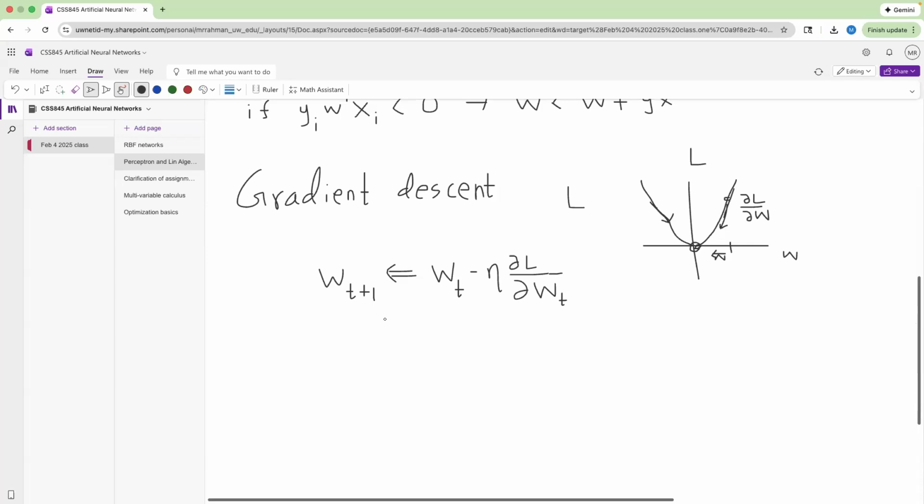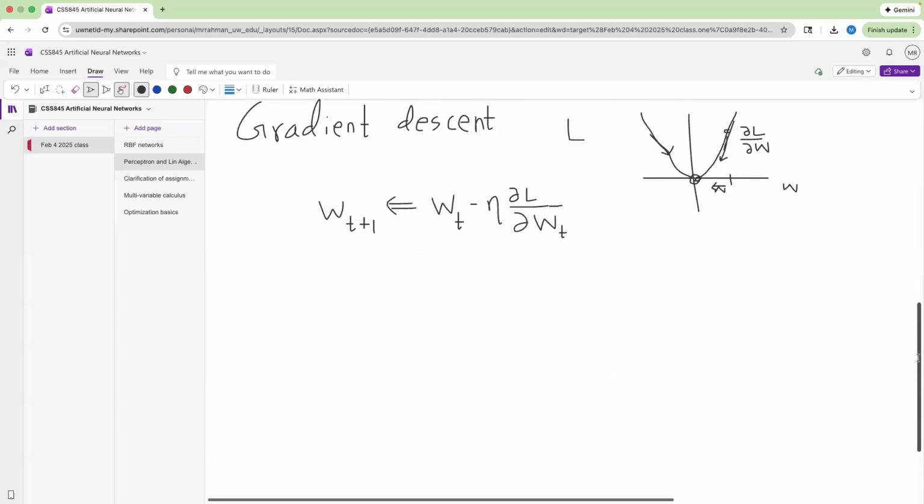If you don't know it yet, all you can think of is that we update the current weight by moving in the negative direction of the current gradient. This is such an important rule that if you memorize it, that's fine, because it is basically the learning rule used in a lot of large scale deep learning models.